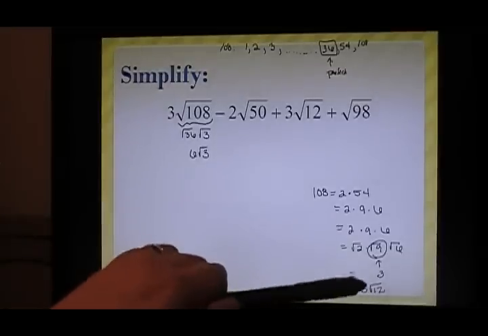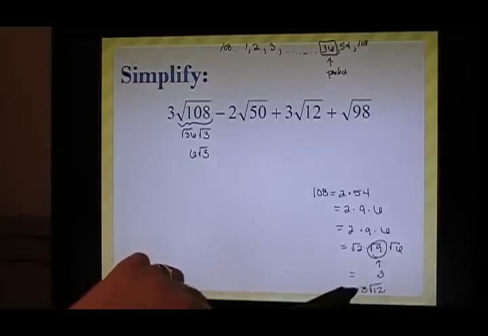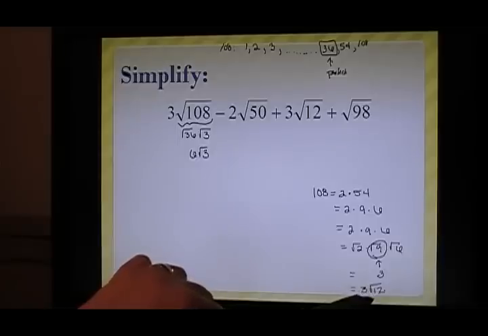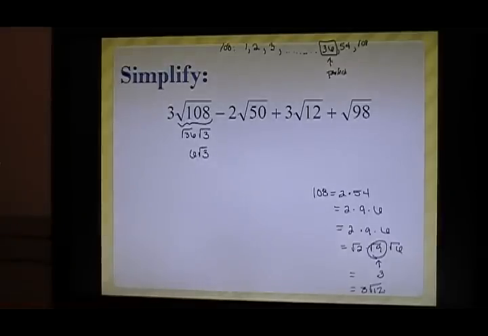The issue with what I have here is that I've not simplified fully. 12, if you think about what goes into 12, is divisible by 4, which is a perfect square. So when you're dealing with radical notation, if the number underneath is still divisible by a perfect square, you have not simplified fully, and you need to continue with your simplification process.